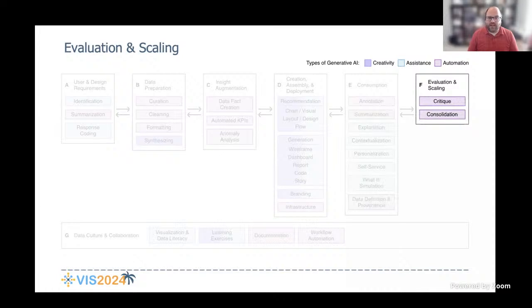After visualization artifacts have been deployed, understanding if they are effective and provide value is critical for research and organizations. Here, generative AI can support critique by generating rubrics for evaluators and producing reports on feedback and issues with current artifacts. Or it can be used to consolidate and simplify existing assets and reduce the proliferation of one-off redundant artifacts.